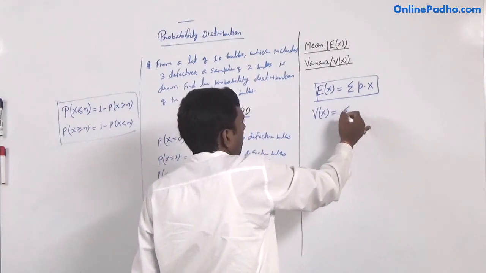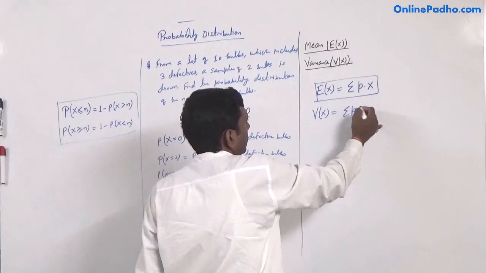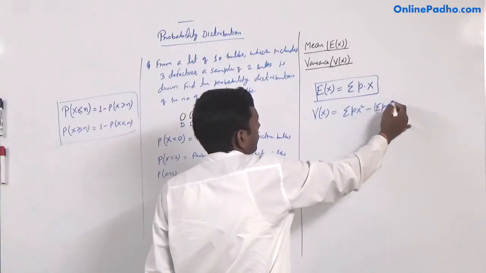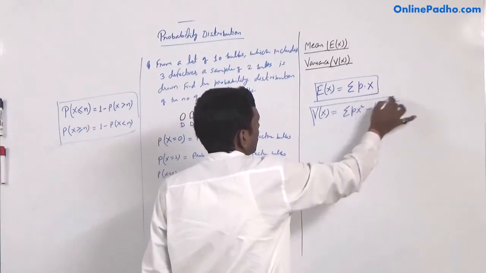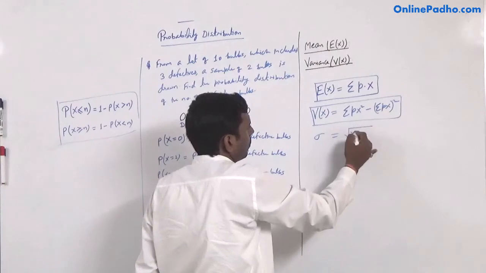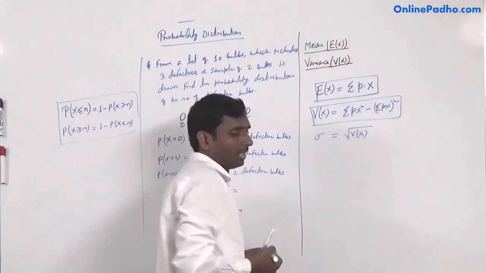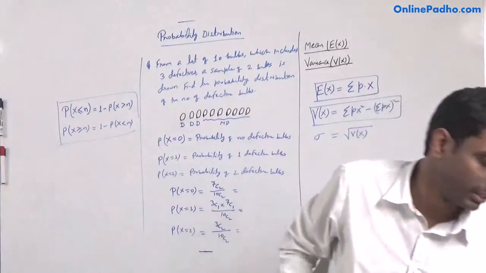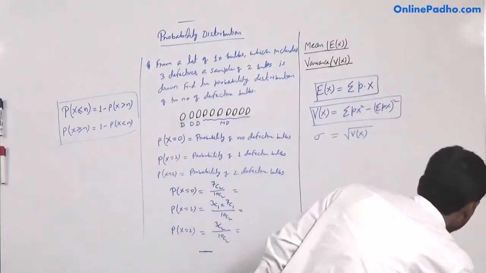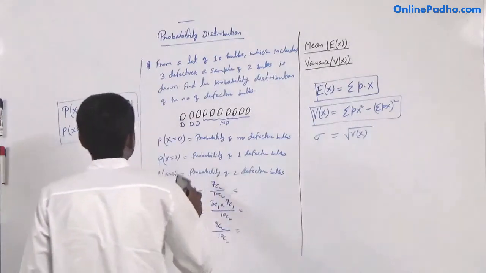Variance can be written as summation P X square minus (summation P X) whole square. This is the formula for variance. And you know standard deviation is the square root of variance, so standard deviation is the square root of V(x). By these formulas we can find the mean, variance and standard deviation, right?